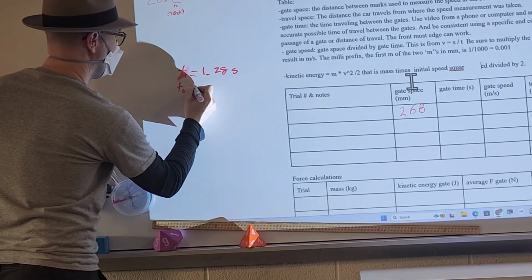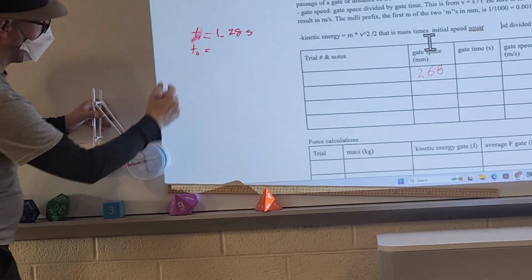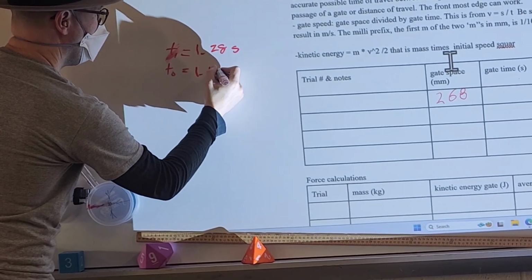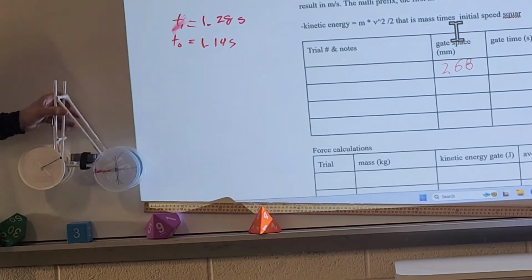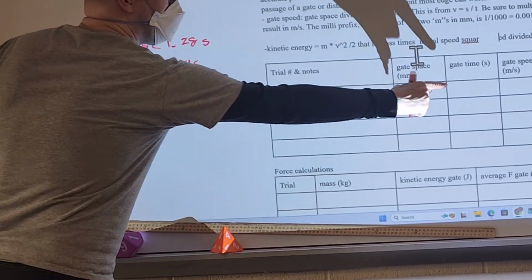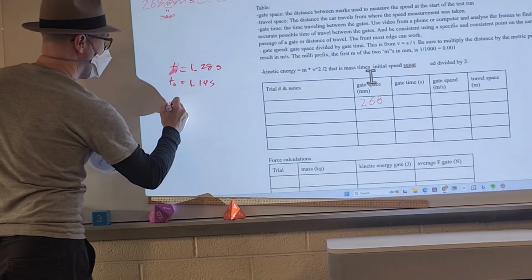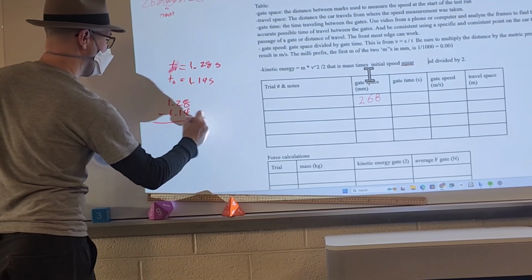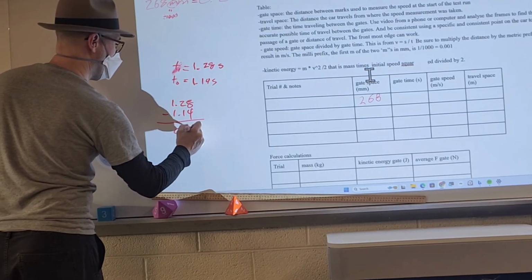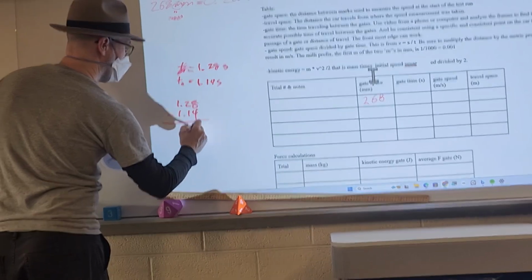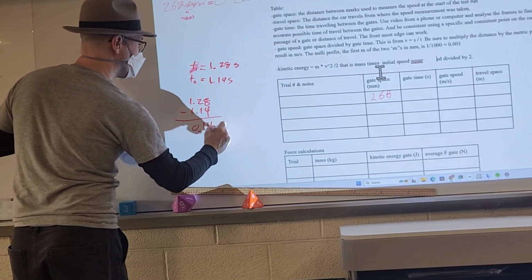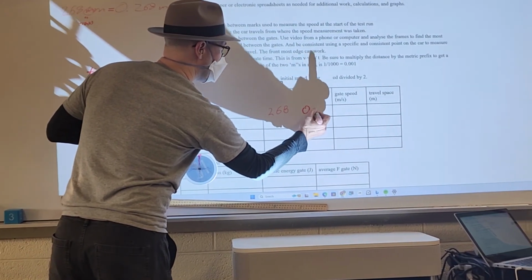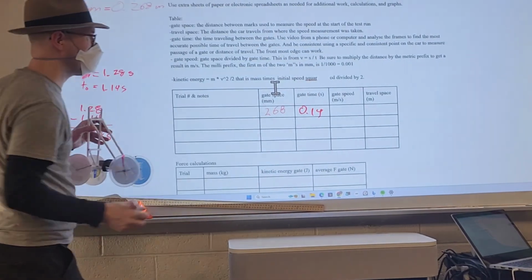And time 0, let's say when it reached here, was 1.14 seconds. What I would do to find the gate time is 1.28 minus 1.14, and I would get 0.14 seconds. And so that's what I would put here, 0.14 seconds.